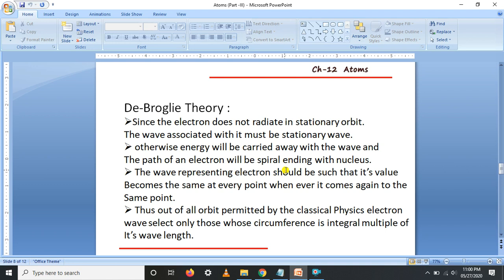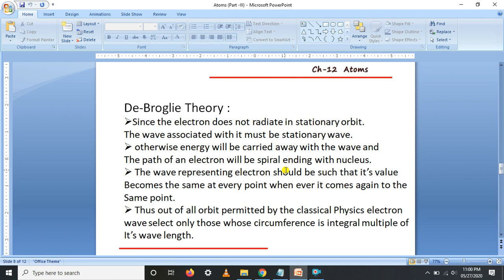Then the wave representing the electron should be such that its value becomes the same at every point whenever it comes again to the same point.